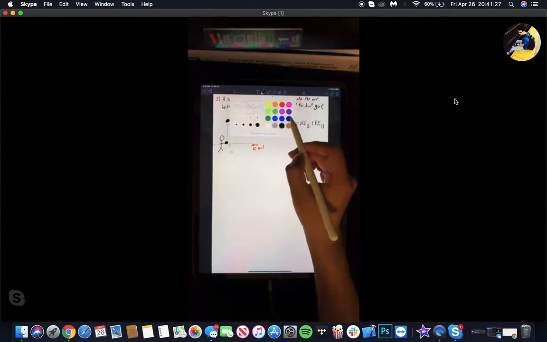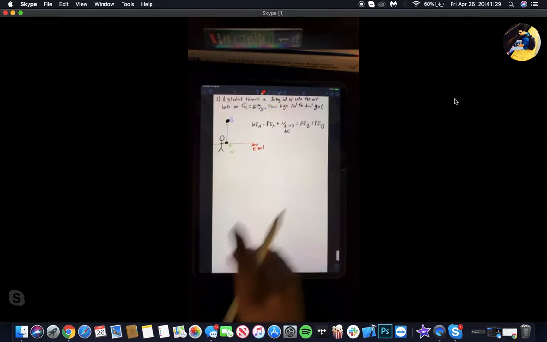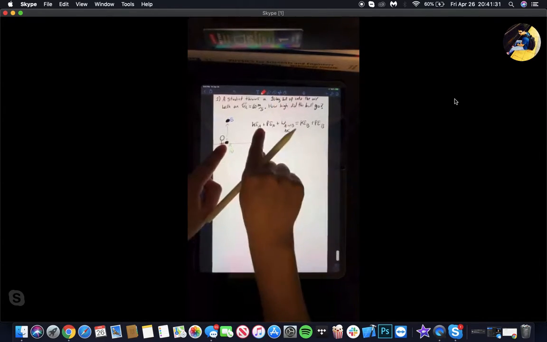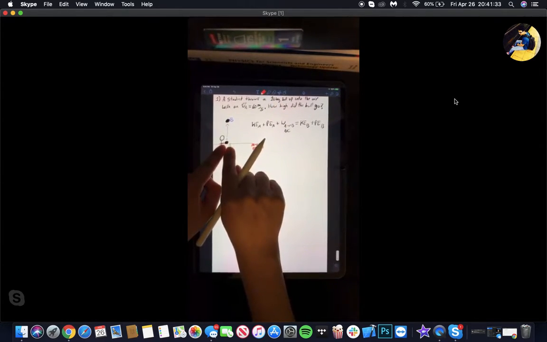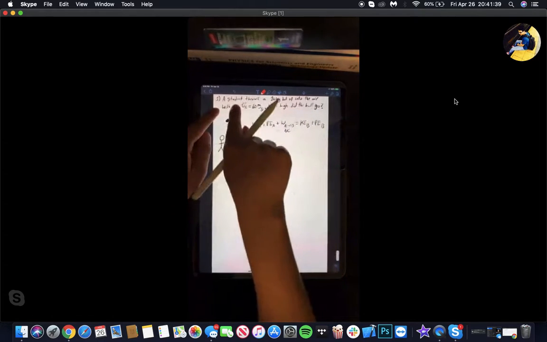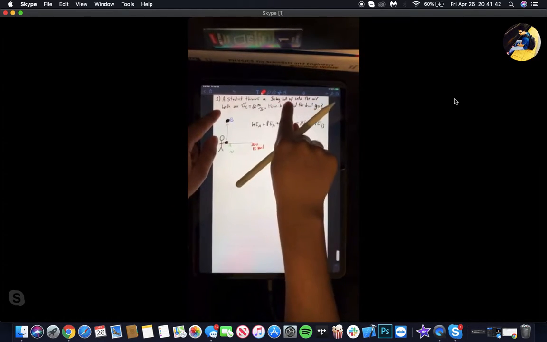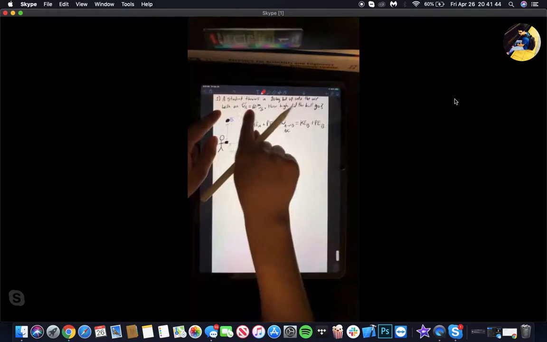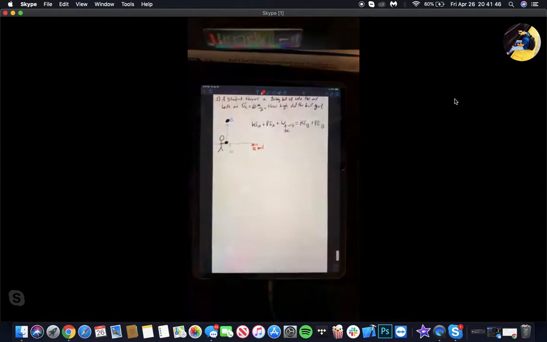All right, so now we have to eliminate some terms. This is the kinetic energy at A. Is there any kinetic energy at A? Well, what does it say? A student throws a 10-kilogram ball up into the air with an initial velocity of 60 meters per second.